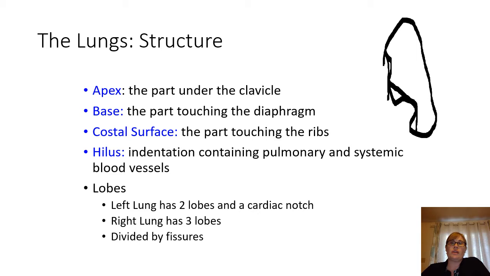But that notch is called the cardiac notch. Right in here is our cardiac notch. What this does is it only allows the left lung to have two lobes. There's not enough room for three. Right lung has three. And these divisions are known as fissures, these little lines I'm drawing.